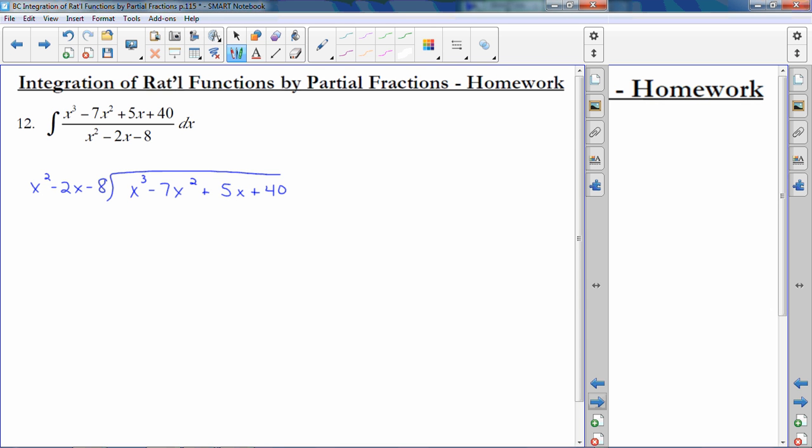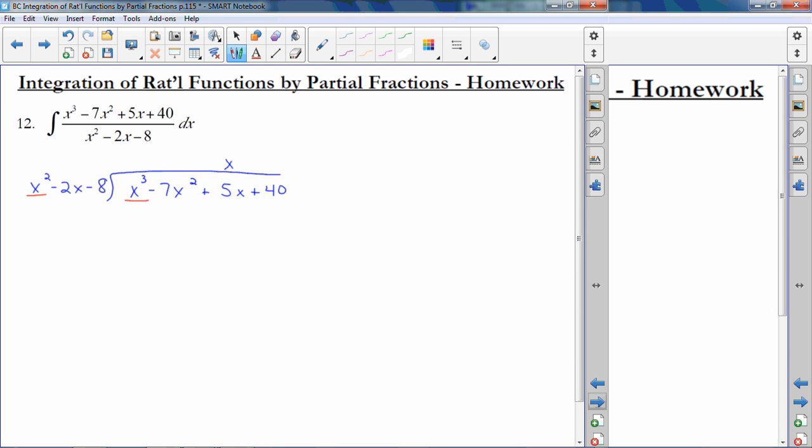Okay, then we ask ourselves, what do we multiply this by to get this? And we would need to multiply it by x. So above 5x, and it doesn't even matter where you put this, I just tend to follow the rules. As long as it's upstairs somewhere there.